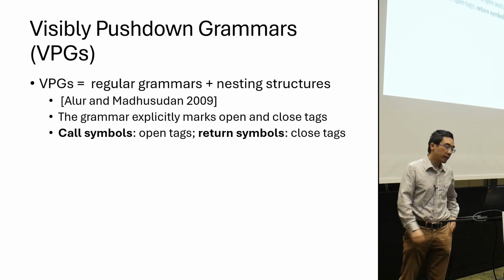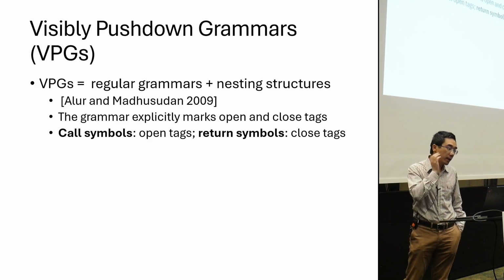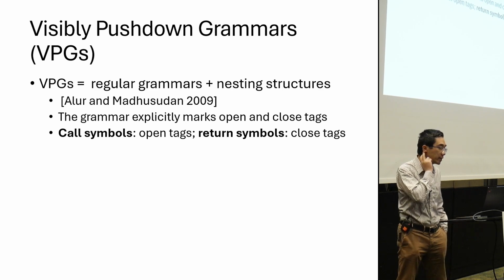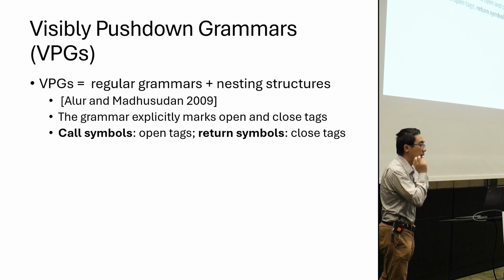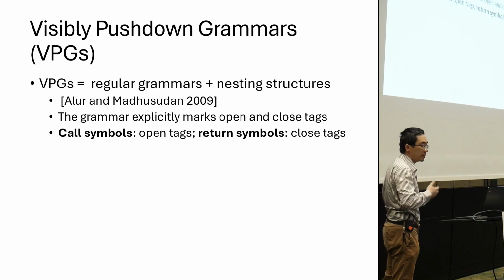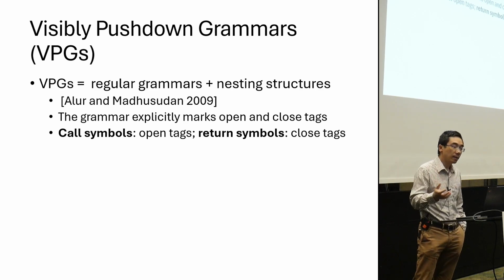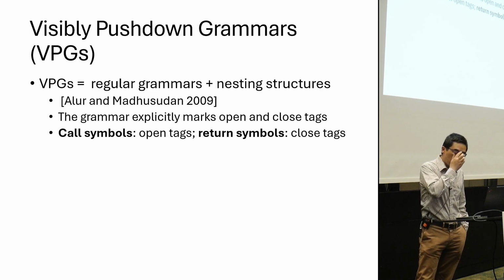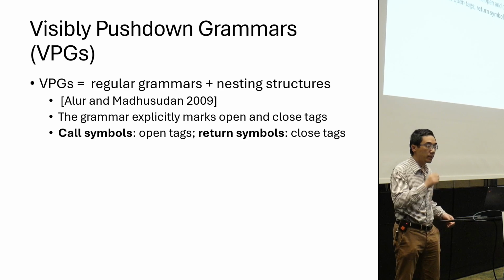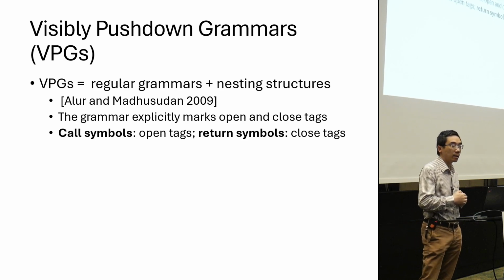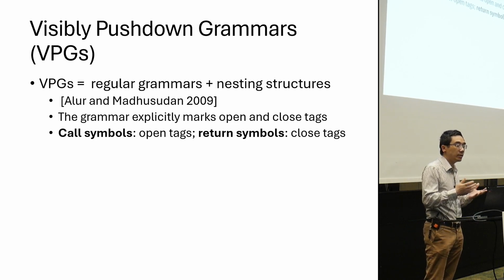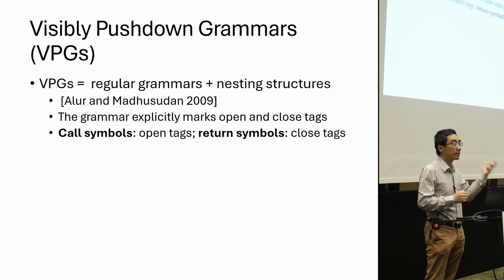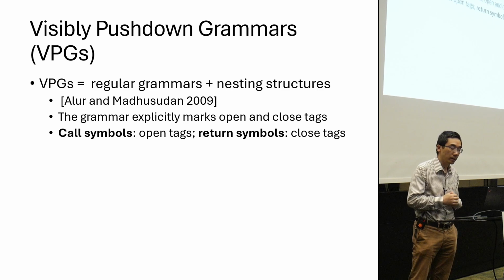For that, we employ a special kind of grammar called visibly pushdown grammars. A VPG is really just a regular grammar plus nesting structures. A VPG explicitly marks open and close tags. In a VPG, an open tag is called a call symbol, and a close tag is called a return symbol.